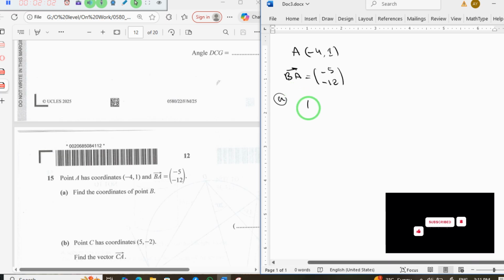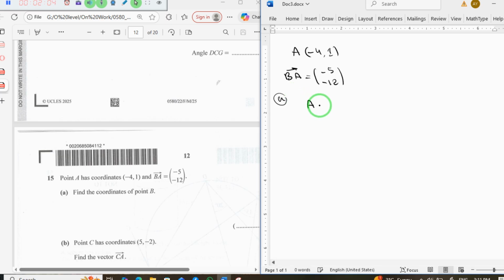How can we find it? Here we can write A minus B equal to the vector BA. Then A gives us -4 and 1 minus B. B is not clear. Instead of vector BA we have -5 and -12.